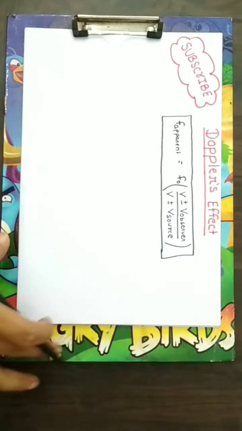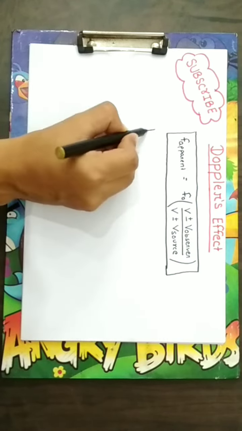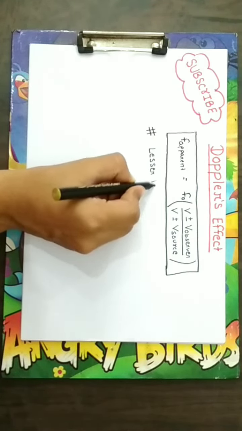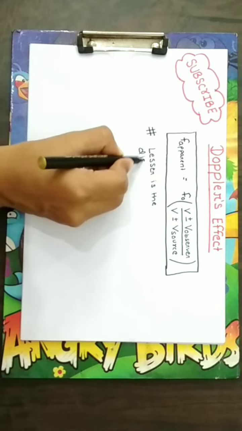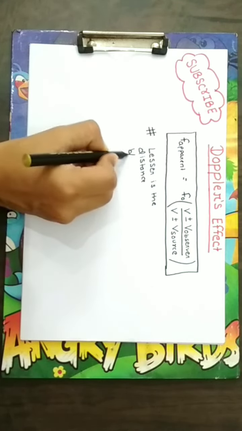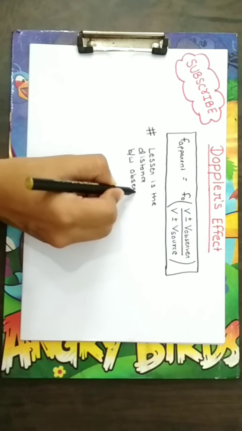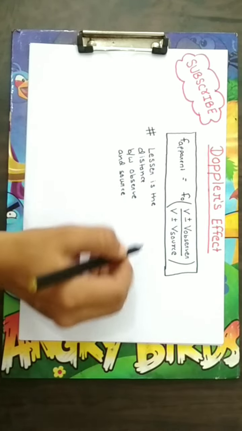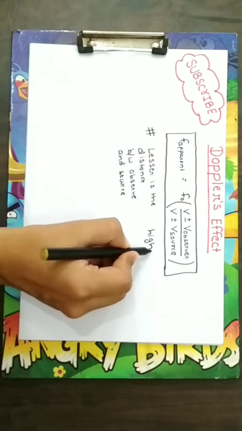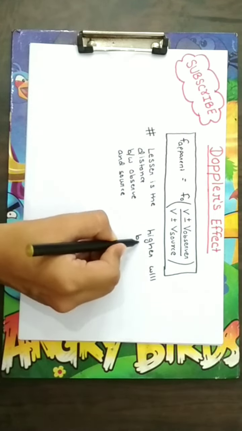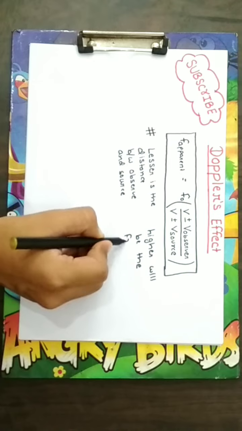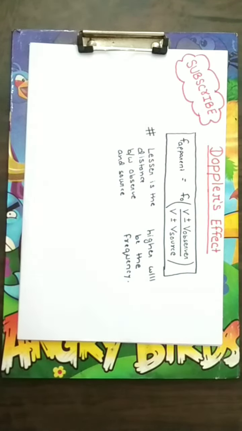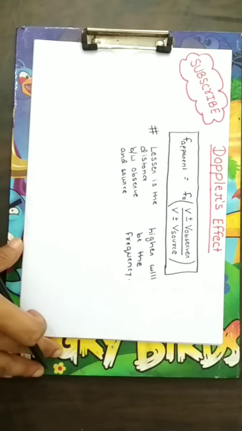The key concept in Doppler's effect is that, just remember one thing, the lesser the distance between observer and source, the higher will be the frequency. Just remember this and you will be able to solve all the questions related to Doppler's effect.